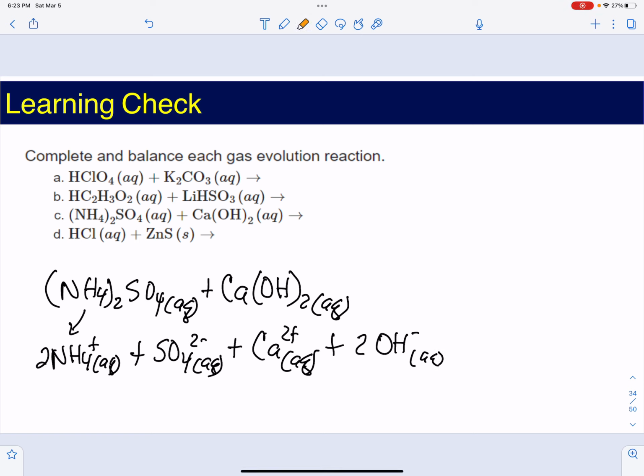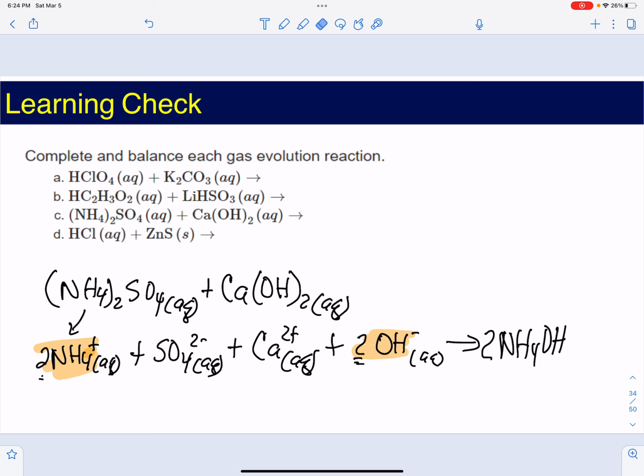And then we're just gonna take our positive and it's gonna go with the new negative. So you're gonna get two ammonium hydroxide, right? NH4 plus and OH negative, so 1 to 1, but there's two of them.